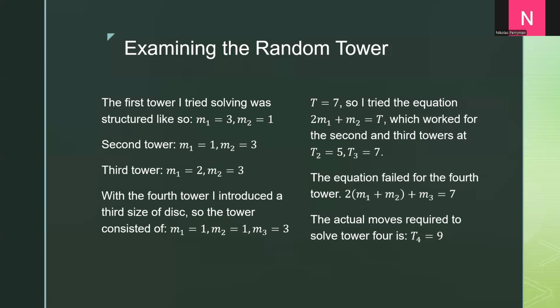But after this point, I did have enough information. So when I plugged it in, I assumed that all of the smaller disks got summed together and multiplied by 2, but that got me the wrong answer. So then I had to look into it again.